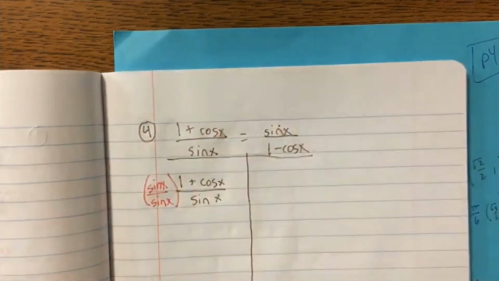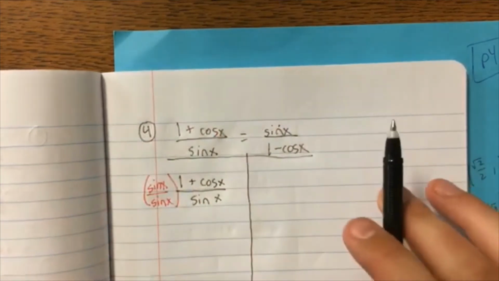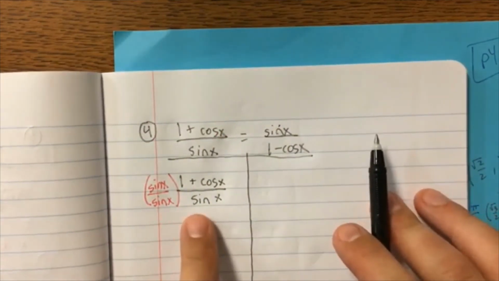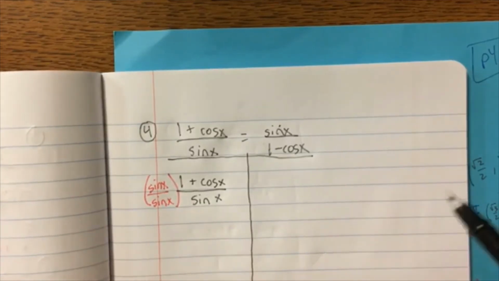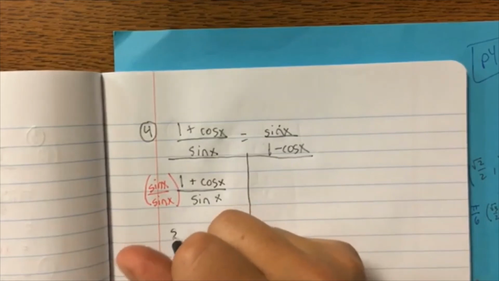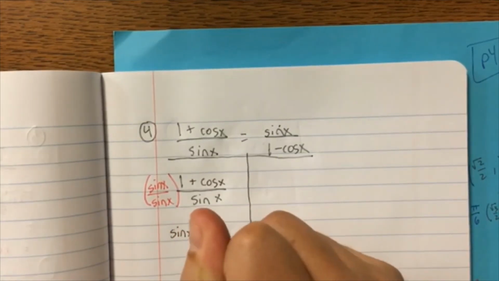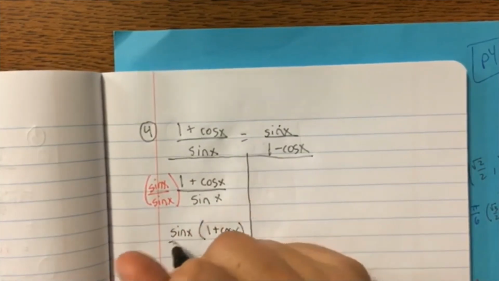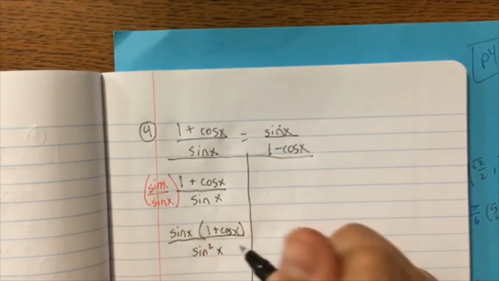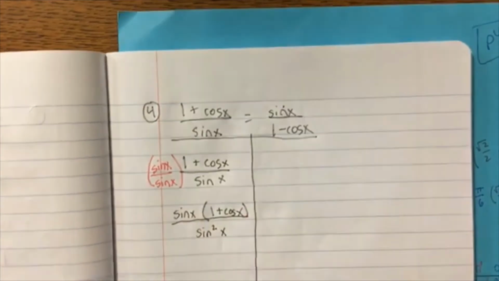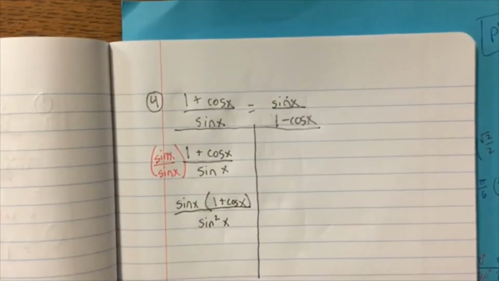Now what that's going to give me is sine squared x on the bottom. The advantage to having a sine squared x on the bottom is I can rewrite that in terms of cosine. I'm trying to get a cosine in the denominator.